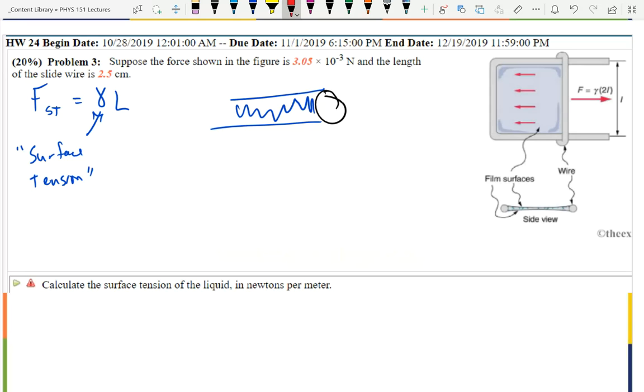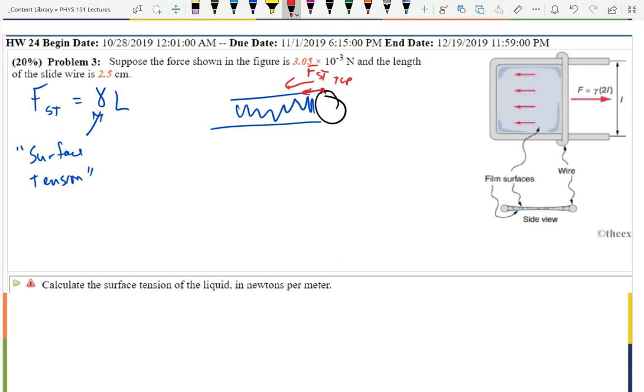Going back to tension, what direction was the force of tension? Whatever direction the rope is leaving. And so at the top, what direction is the water leaving? To the left. Right, the water is leaving this surface in that direction. What about the bottom?